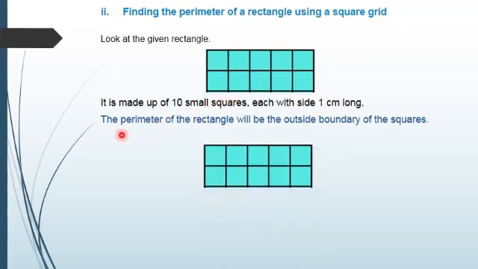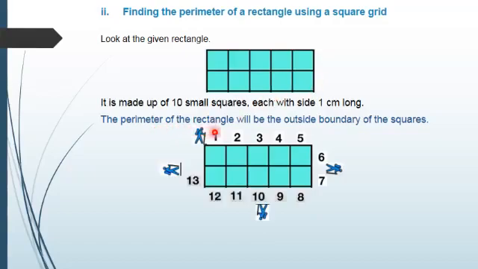Now, in order to find out the perimeter of this rectangle, we will walk around the outside boundary of this rectangle as 1, 2, 3, 4, 5, 6, 7, 8, 9, 10, 11, 12, 13, 14 spaces.